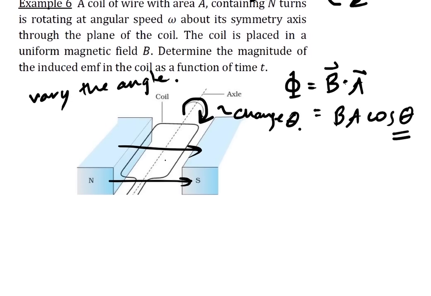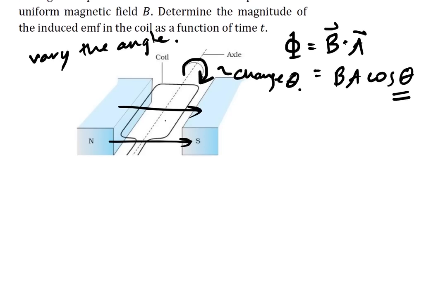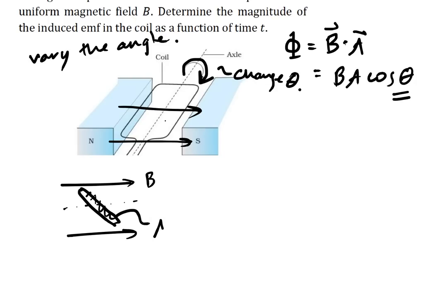When I look at this as a side view again, I turn the system around. So I have the magnetic field in this direction, and here is my coil with the area A, and the angle that the coil is making with the magnetic field, I call this theta equals omega t.